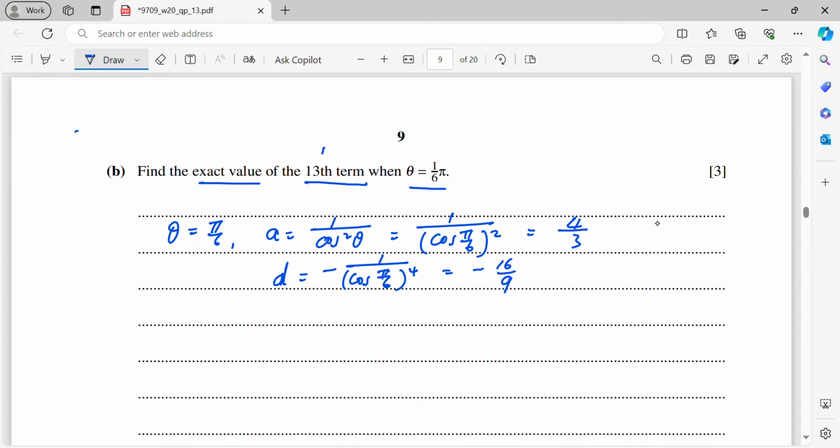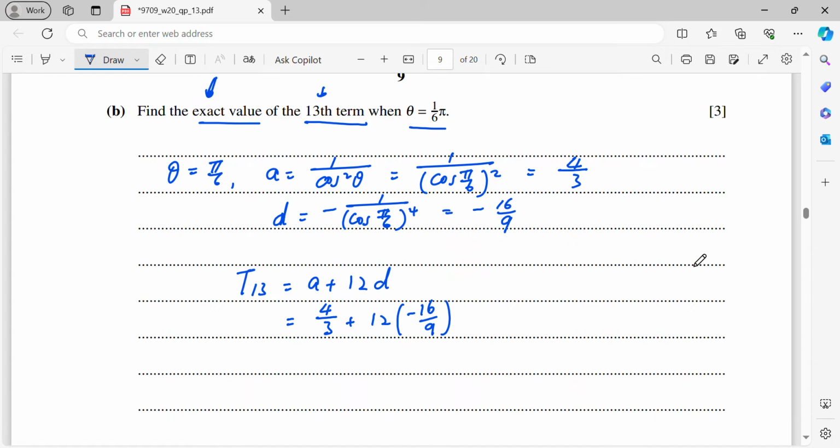And now you need to find 13th term. T13 equals to a plus 12d. So your a is 4 over 3. D is negative 16 over 9. The question says exact value, so means that no decimal. So when you calculate this, it will be negative 20. So that is your 13th term.